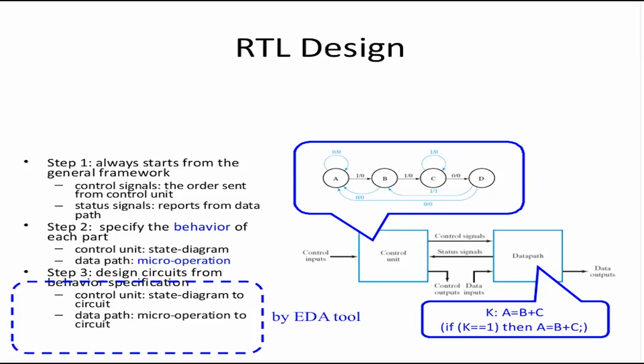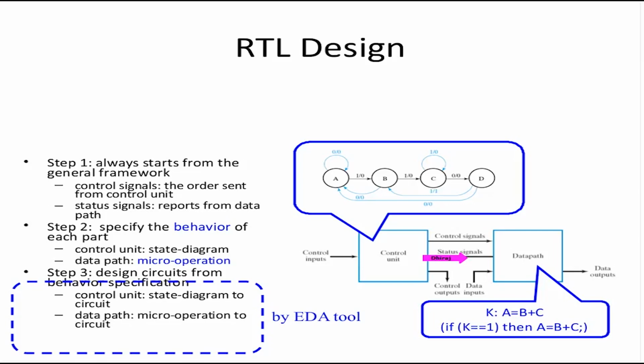So in this example, we see that we have a control unit. The control unit will mostly be a finite state machine like this with, let's say, 4 states here. Then the control unit will give control signals to the data path unit. The data path unit will feed back some status signals. The data path usually will have operators like adders, subtractors, and so on.